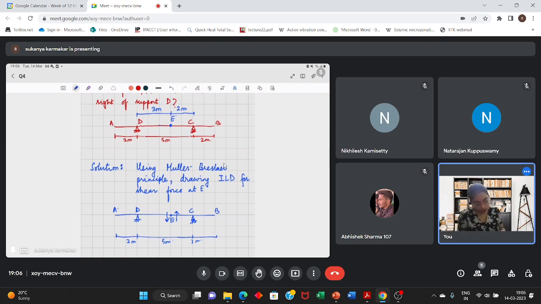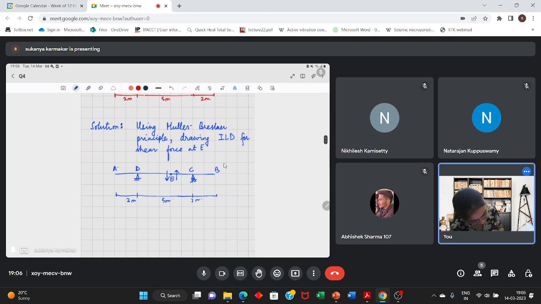So simply it will move like this, right?